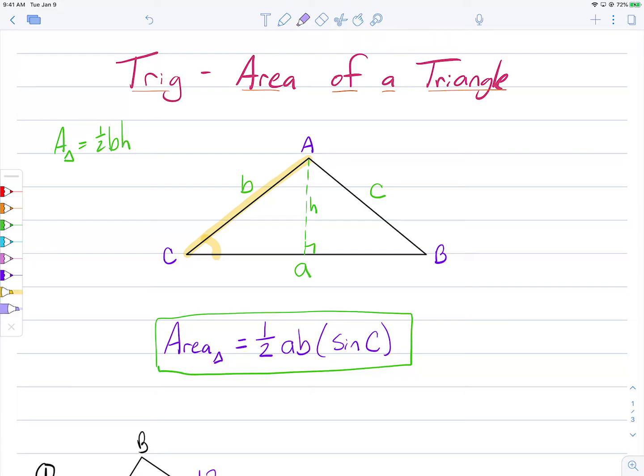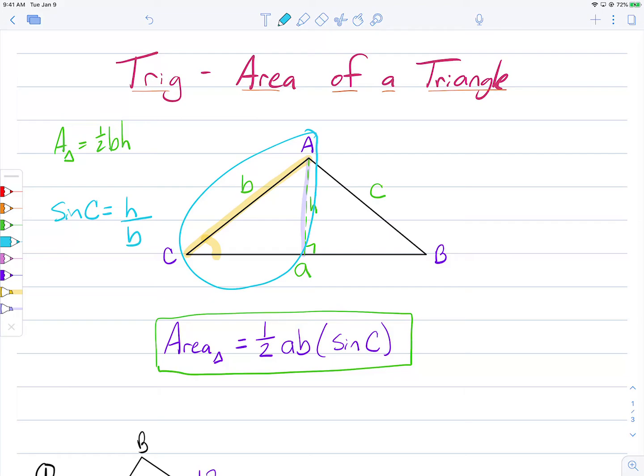So if I wanted to use that angle and that side along with the height, that is an opposite and a hypotenuse. So if I were to just look at this specific triangle here that is being created with angle C and the height, I would have the sine of angle C equals opposite, which is height, over whatever side b is.